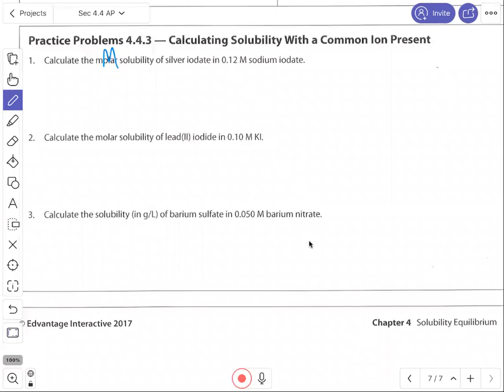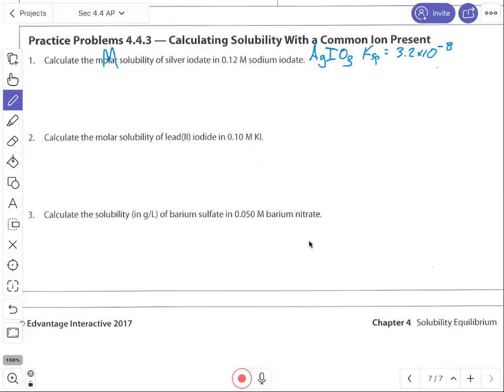So the formula for silver iodate is AgIO3, and the value for the KSP there is 3.2 times 10 to the negative 8. On the AP test, they would provide that information.